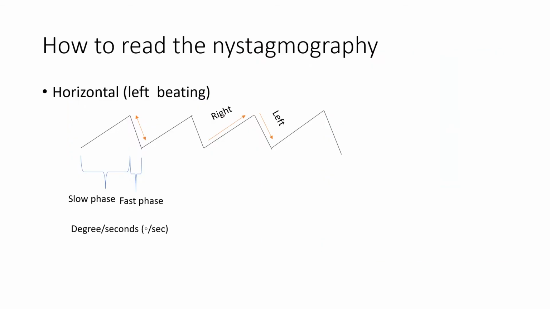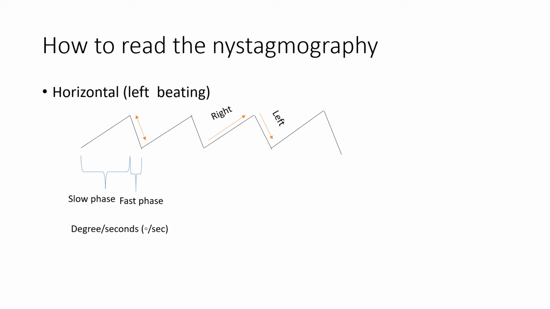Before we move on to the next explanation, I will explain how to read the recorded tracing of the eye movement, or nystagmography. So for the horizontal eye movement, for example for the left beating, when the eyes move to the right, the line will go up, and when the pupils move to the left, the line goes downward.